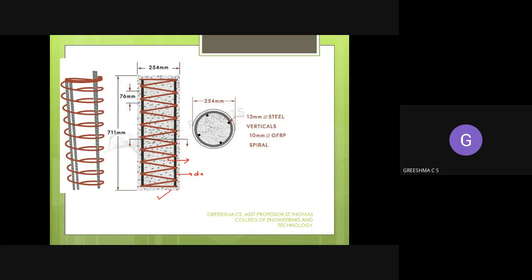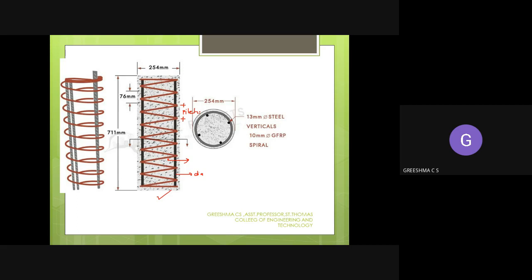This is the pitch, the distance at which you are spirally tying the reinforcement. So this is taken as pitch.